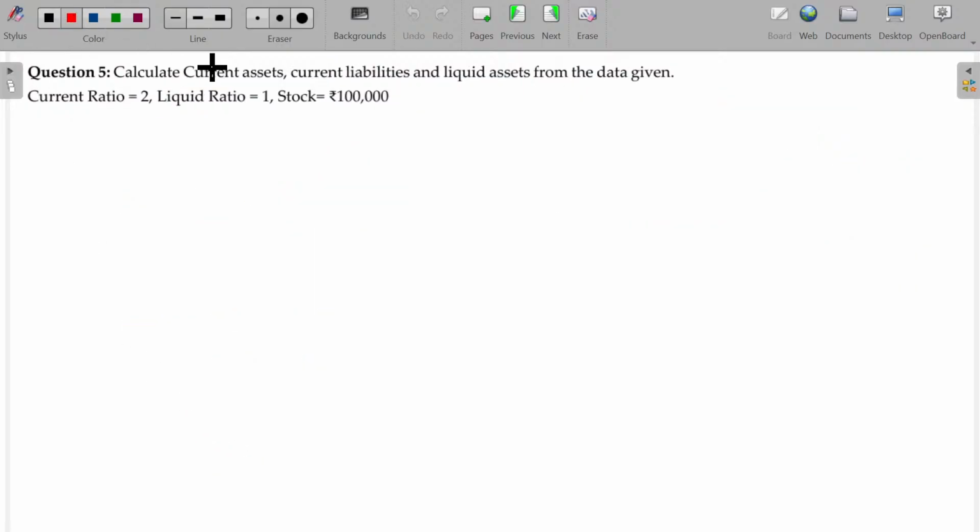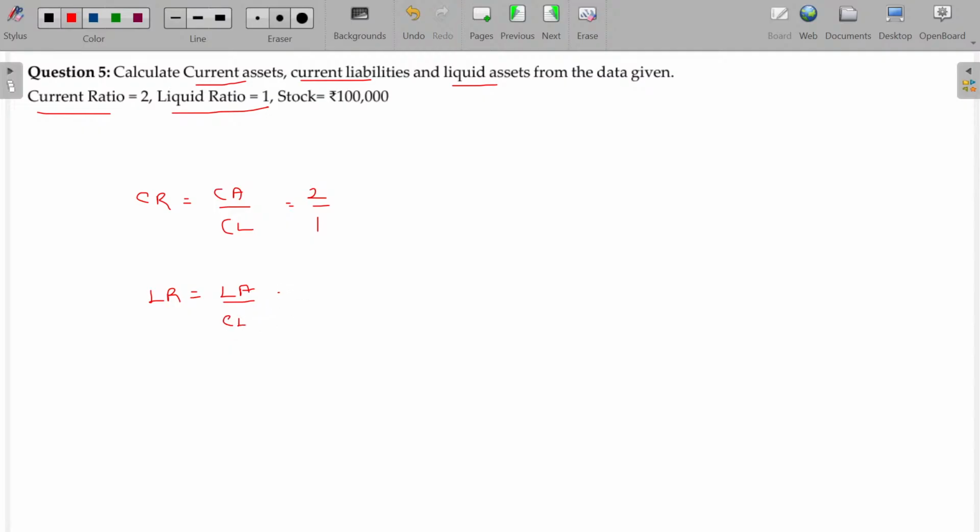Number 5. Calculate current assets, current liabilities, liquid assets from the data given. We have been given current ratio and liquid ratio. Current ratio is equal to current assets by current liabilities, which is 2 by 1. Liquid ratio being liquid assets by liquid liabilities or current liabilities.